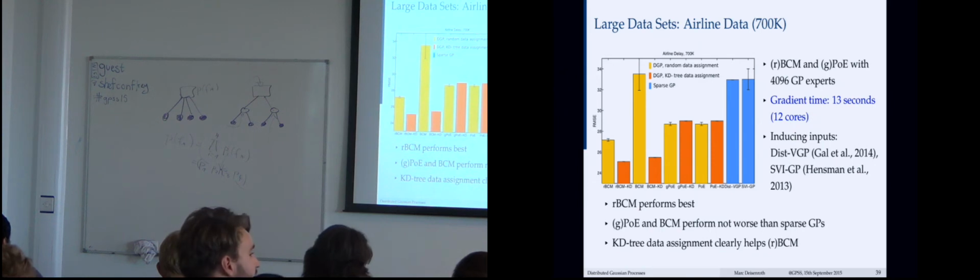It wouldn't make sense if you use only a very small number of data points per expert, but in this example, with 4,000 experts and 700K data points, in 8D, that might not be the case.